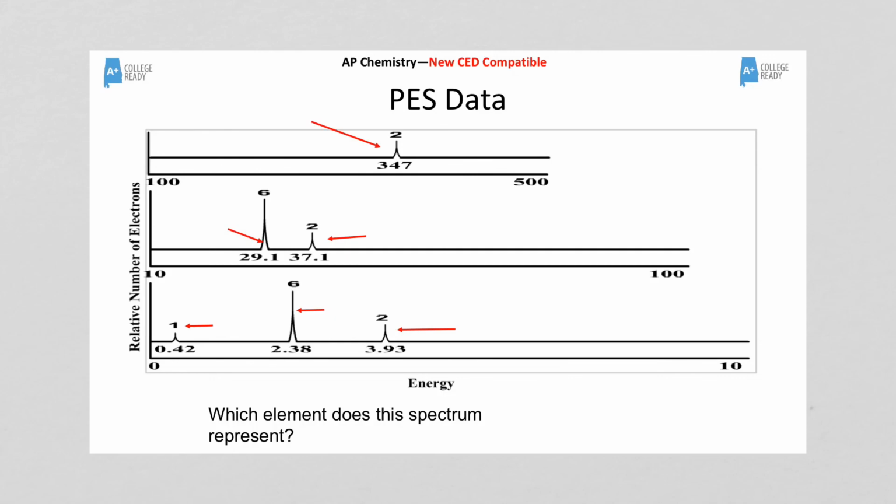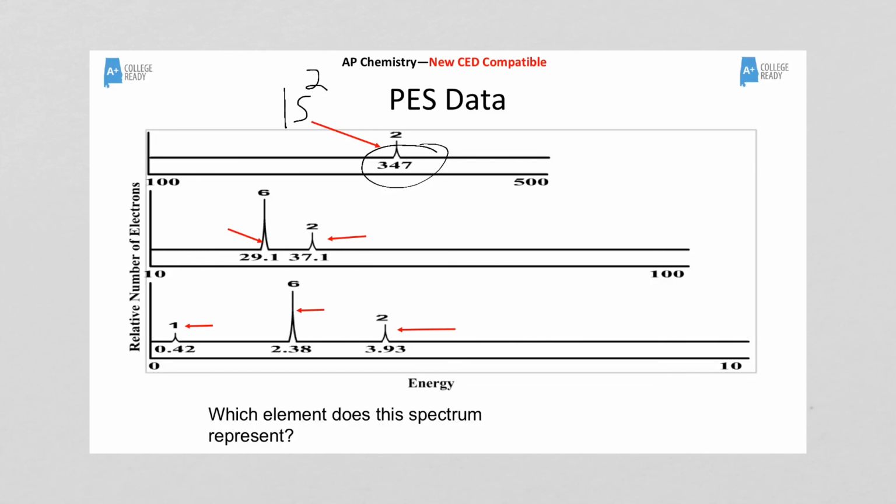Now let's look at another one. This one has 3 lines of graphs. Again, find the peak with the highest energy value. I'm looking around, there's 3 different ones to look at, and I see this, 347. I'm going to say that must be 1s. If there are other peaks, that one must be full, because we're doing ground state.